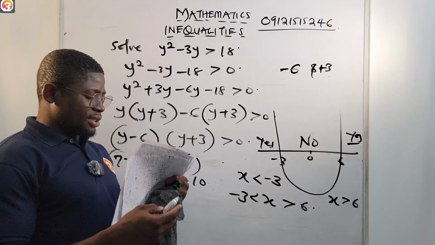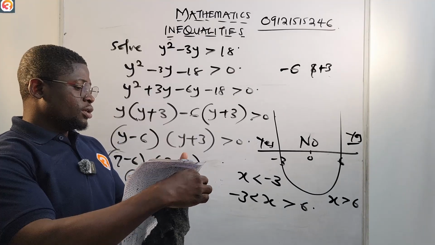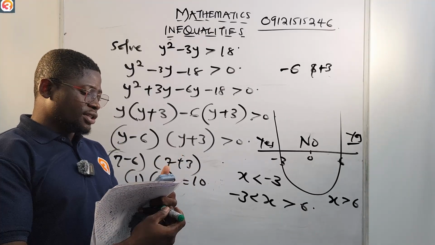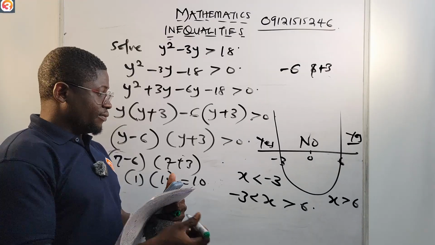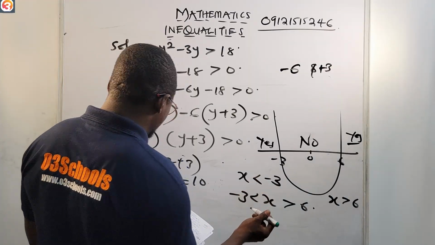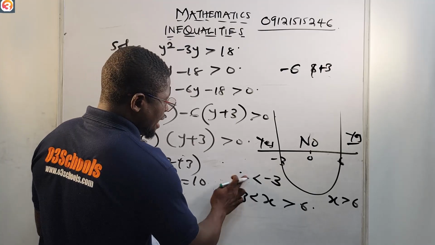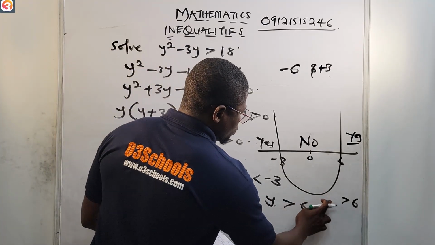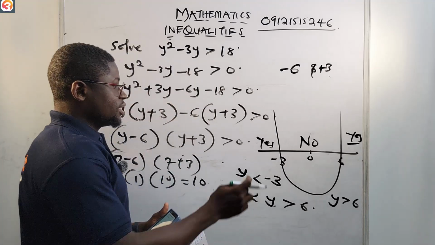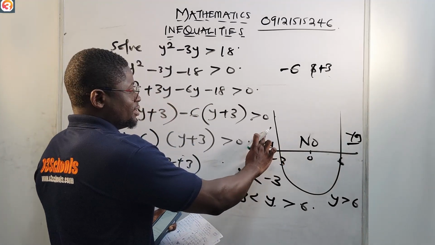The answer came in the solution. They say solve the inequality y squared minus 3y greater than 18. Let us look at this one first of all. Not x, so it's y. This region represents values of y that are less than minus 3.